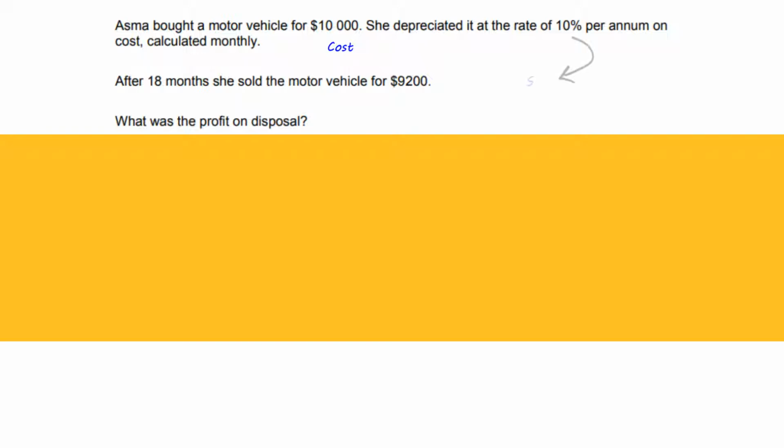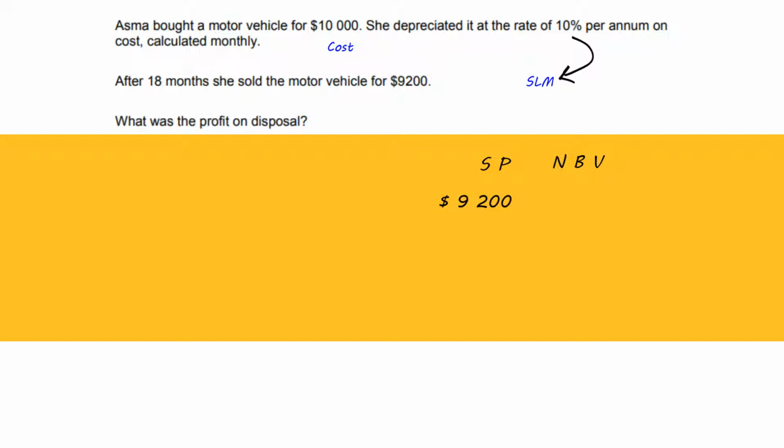So this means this is a straight line method depreciation. Now after 18 months, she sold the motor vehicle for 9,200. Now, since this is a multiple choice question, we can straight away find the profit by calculating the difference between selling price and also the net book value. Now, we know the selling price of this particular motor vehicle is $9,200.